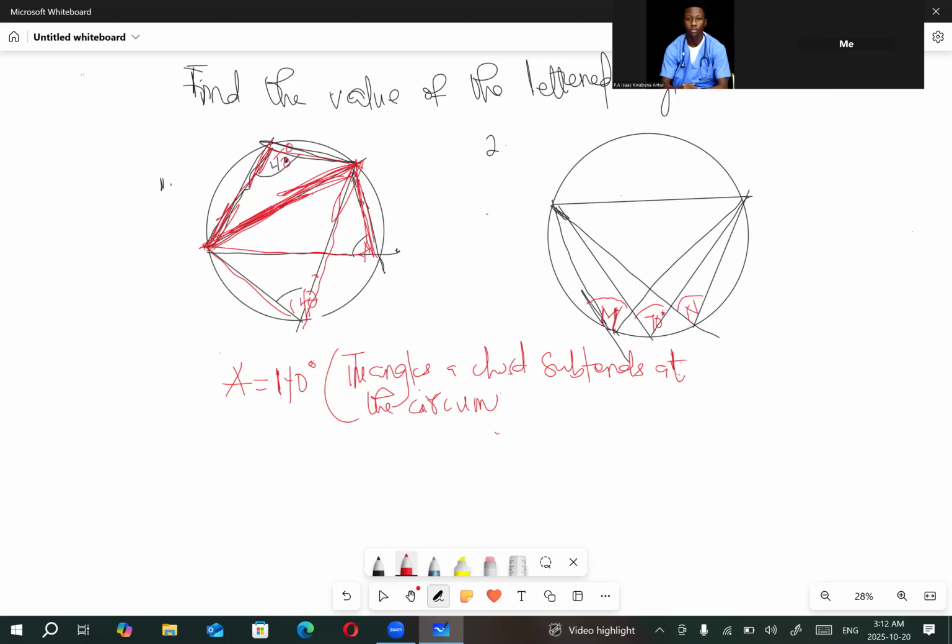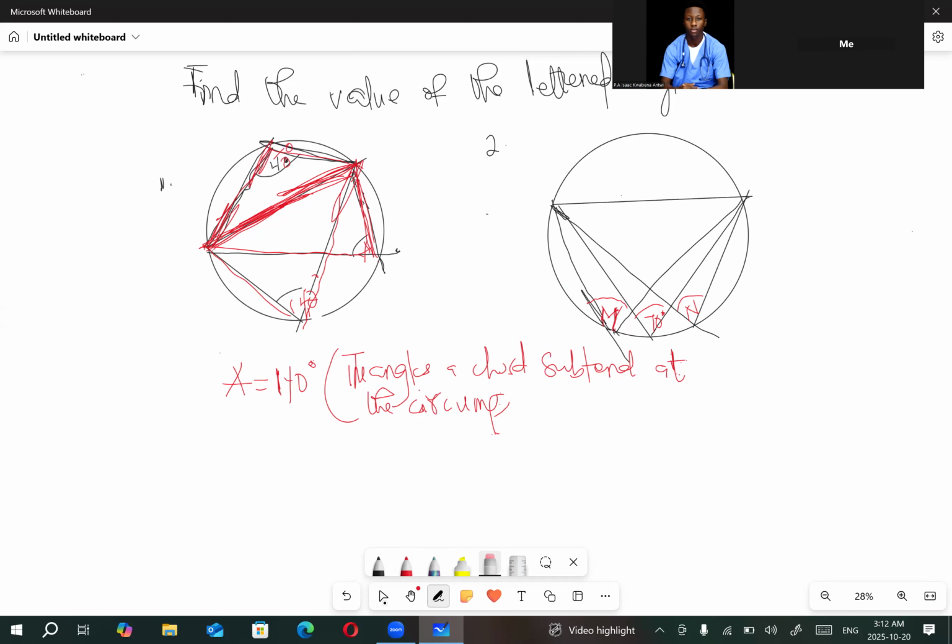But the angles subtend. Sorry, subtend. I was saying something about subject-verb agreement. When the subject is singular, the verb should be singular.